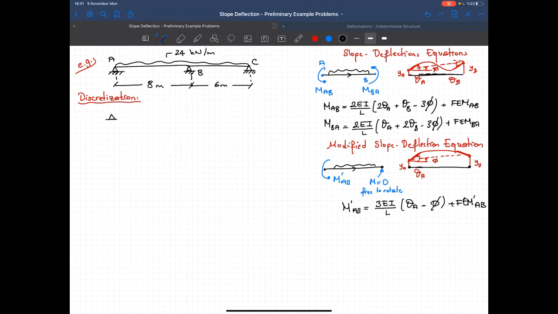So I have node A, node B, node C, and we have three rotational degrees of freedom, theta A, theta B, and theta C. So basically this tells me that I got 3 degrees of freedom. Now let's draw the free body diagram.